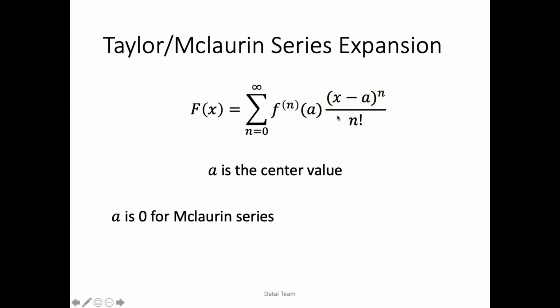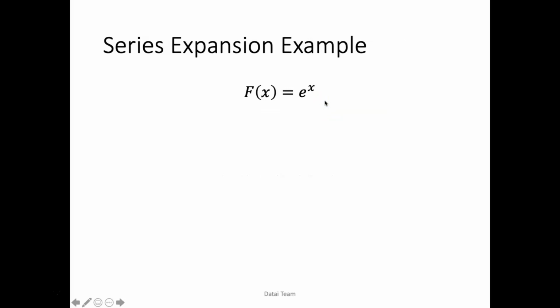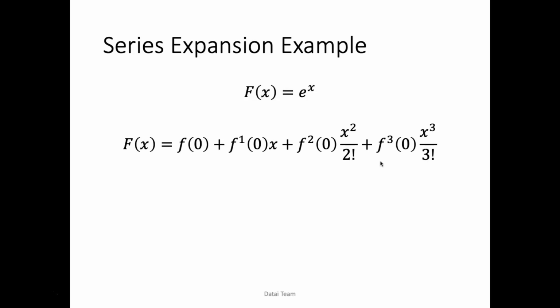And let's look at an example of how this works. So let's say that we have f of x is equal to e to the x. This is very easy to find the approximation of, because the derivative of e to the x is equal to e to the x.